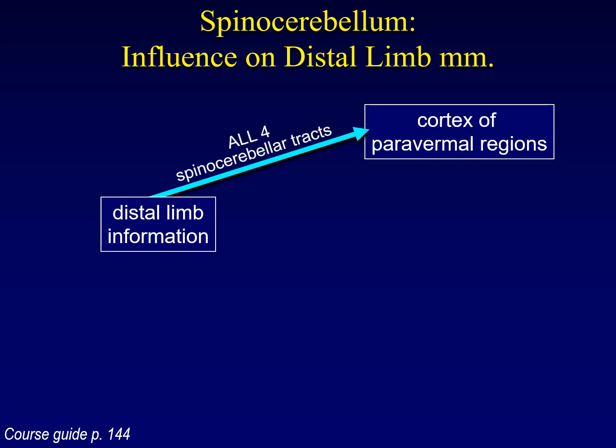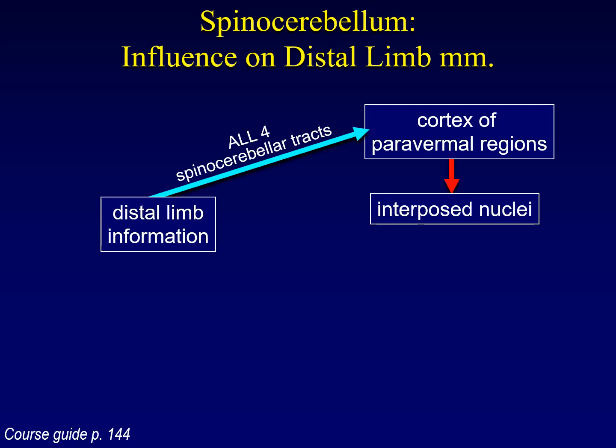And again, that information is arriving via all four of the spinocerebellar tracts. The output does not go through the fastigial nucleus, but neither does it go through the dentate. We finally have a role for the interposed nuclei. This was, remember, globose and emboliform, and I told you you can learn them as one, the interposed nuclei.